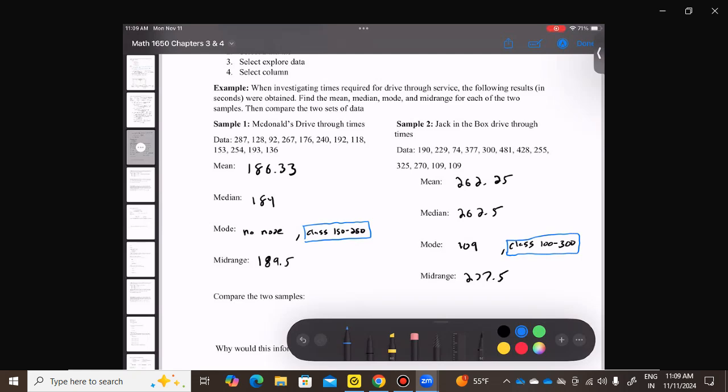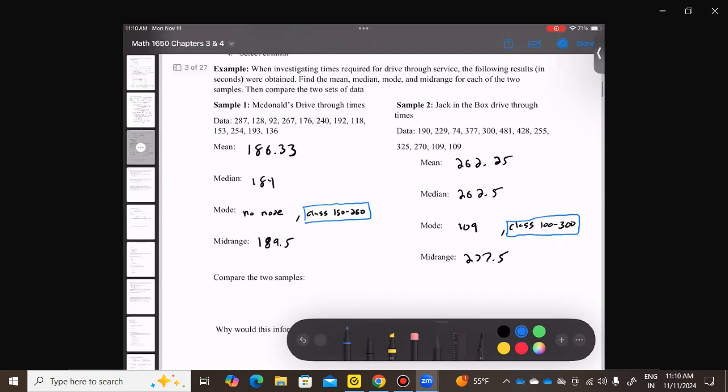The class for the McDonald's falls where the mean and the median and the mid-range are kind of right in between. And same with the class for Jack in the Box. It's 100 and 300, and all the mean, median, and mid-range are right in between. It's just the mode isn't as helpful right now in these small data sets.